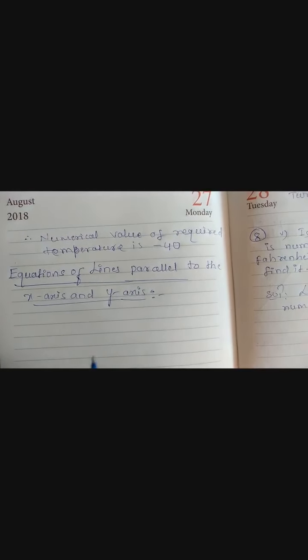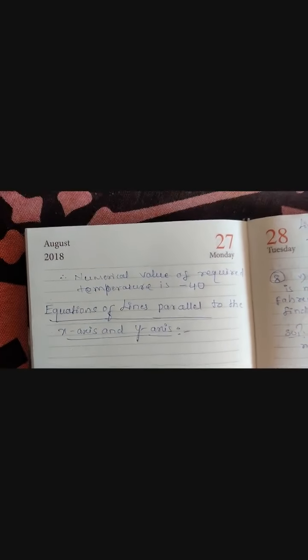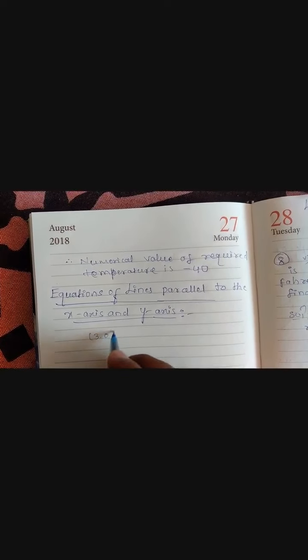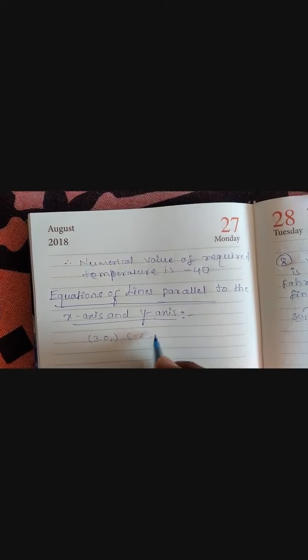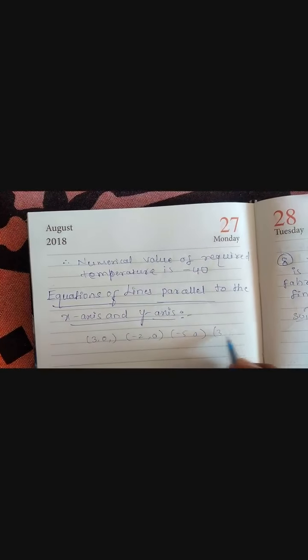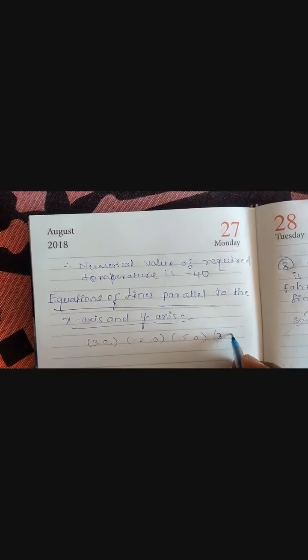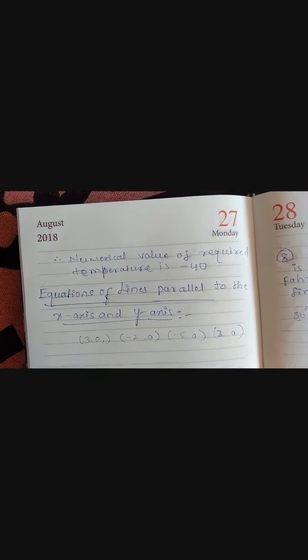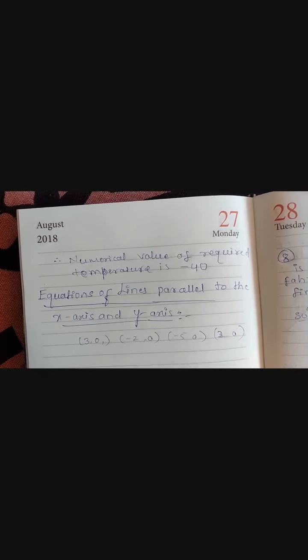You have studied how to write the coordinates of a given point in the Cartesian plane. See carefully: (3, 0), (minus 2, 0), (minus 5, 0), (2, 0), etc. These are coordinate points for real numbers lying in the Cartesian plane.